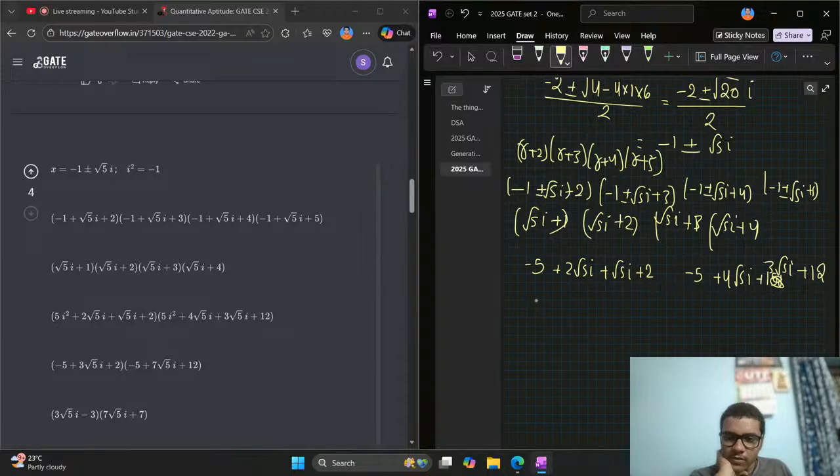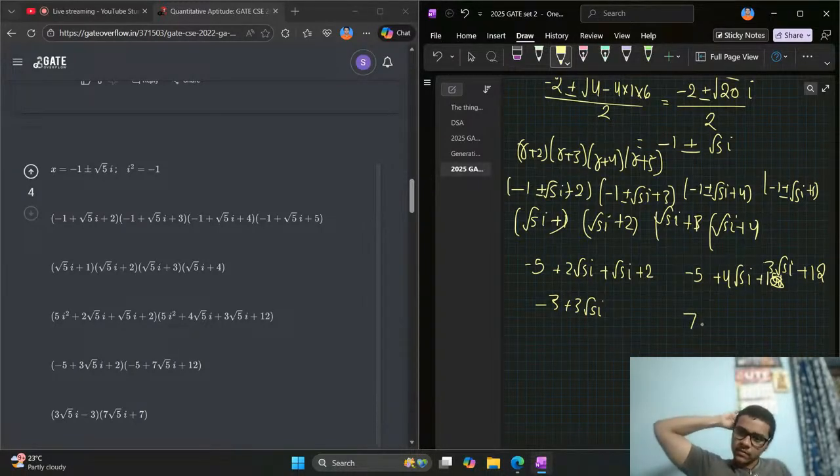And what do you do about this? Minus 5 plus 2 is minus 3, minus 5 plus 12 is 7, 4 root 5 plus 3 root 5, that's 7 root 5i. So now you need to multiply this.